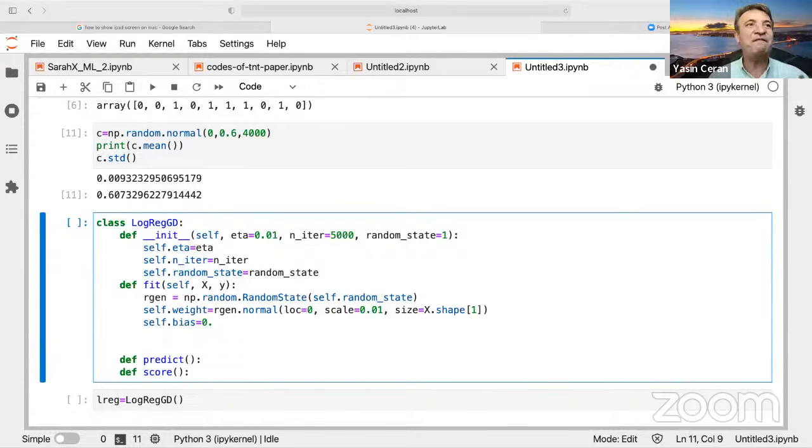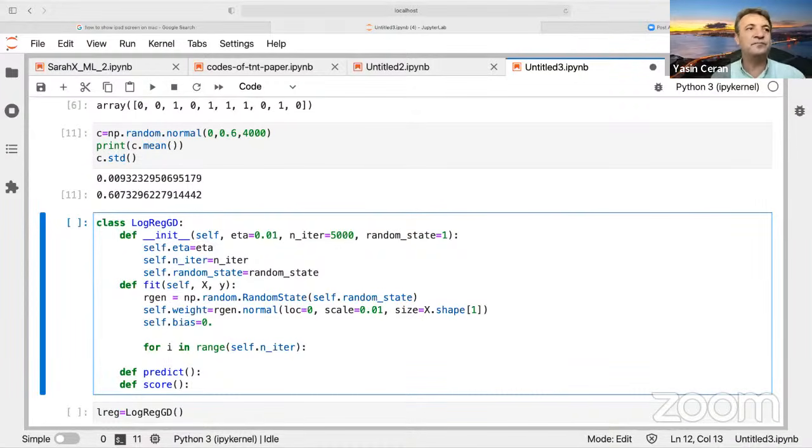How many times? 5,000 times, because that is the number of iterations. So for i in range of self.number_of_iterations, 5,000 times I'm going to iterate my W's.